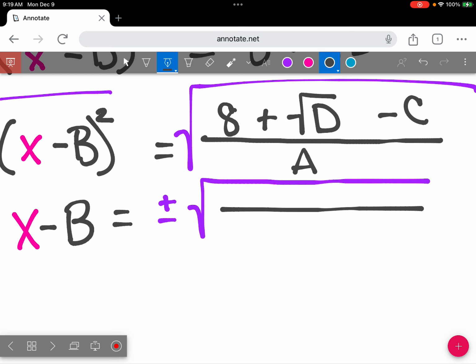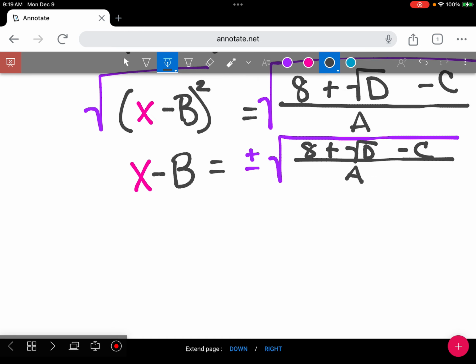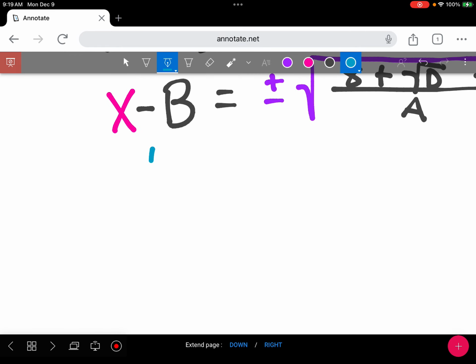The square root of 8 plus the square root of d minus c all over a. And we're almost there. One last step to get x by itself. Add b. We're going to plus b. Plus b. So now we have our x all by itself.